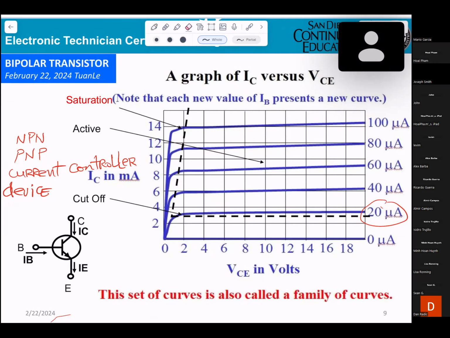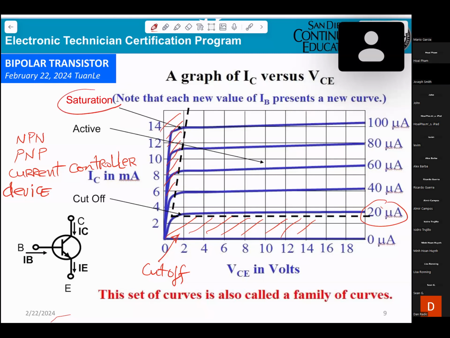Now, you can see that in this graph we have 3 different areas. This part right here is cutoff, which means the transistor is open. Next one in here, right here, the area in here is saturation.